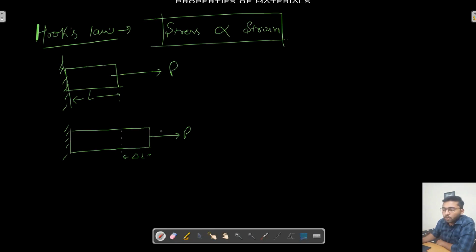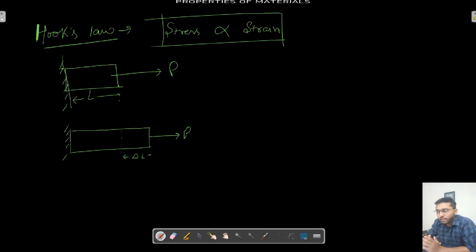Right? So whenever the body is being strained, either with the help of compressive force or axial force or with the help of bending or shear forces also, there comes an inherent resistance in the body. And that inherent resistance is just because of the molecular arrangements of that body, which is known as the stress.